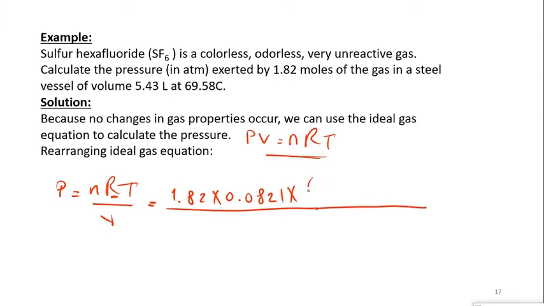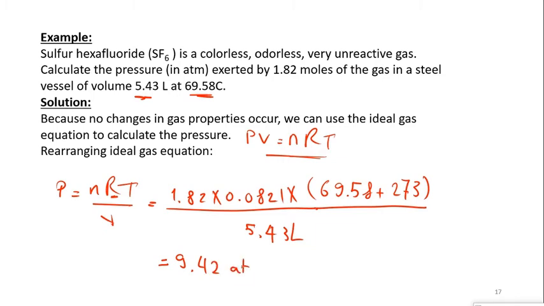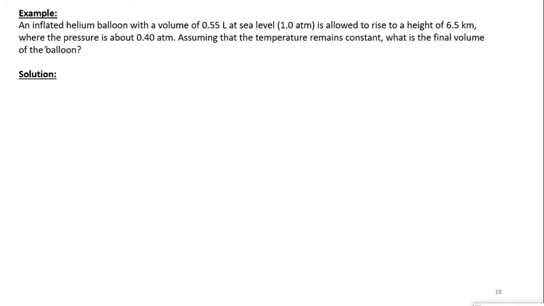In that case, I have to find the value of the temperature in Kelvin. This means I will add 273 to the Celsius value to get the Kelvin value, over the volume, which in that case is equal to 5.43 liters. That would be equal to 9.42 atmospheres.